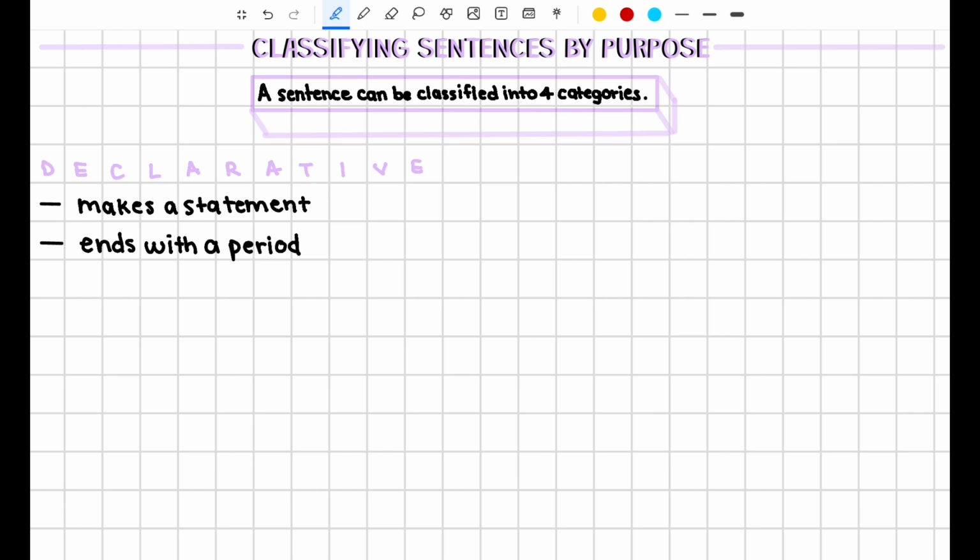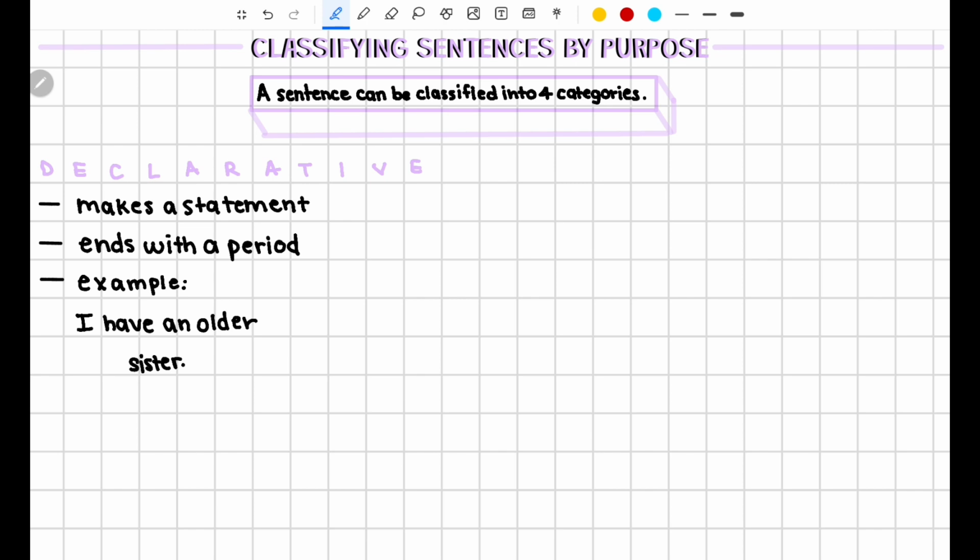If you see an article or a story, most of the time when you are just saying a statement, it's a declarative sentence. So let's look at an example of a declarative sentence. For example, I have an older sister. This is a declarative sentence. It's making a statement that I have a sister, and it also ends with a period.